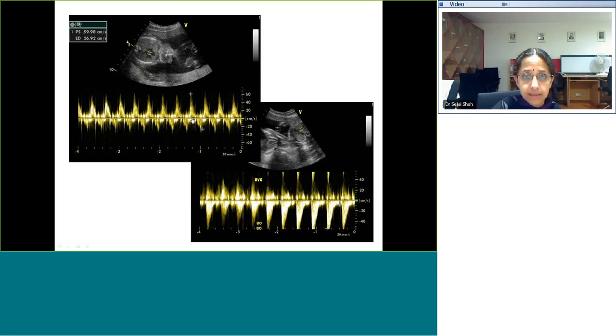Here this is the aorta and this is the mitral. You can see the E and A waves and the aortic flow together. So this is mitral inflow-outflow.